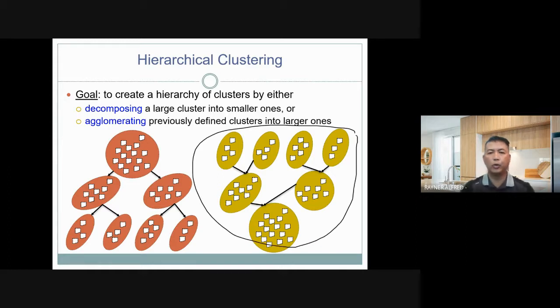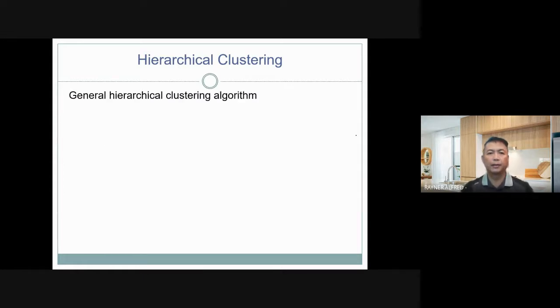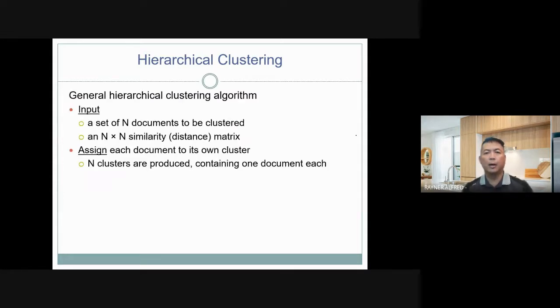Okay. How do we perform the agglomerative method? So basically what we want to have is a set of n documents, and also we have the distance matrix. So you have performed this task, in which you can construct a matrix that measures the distance between two documents.